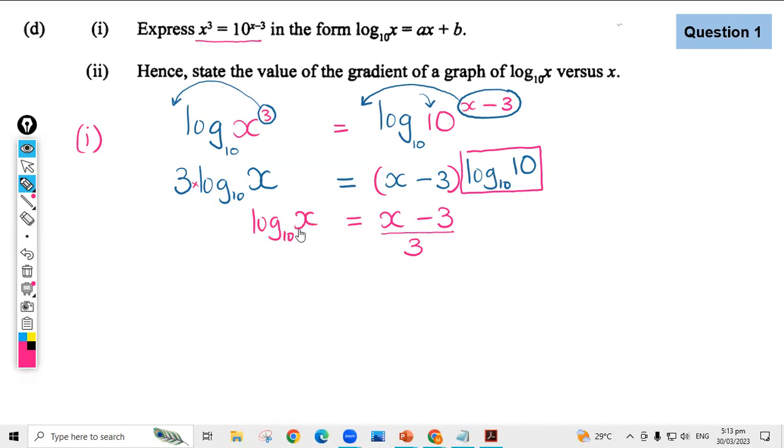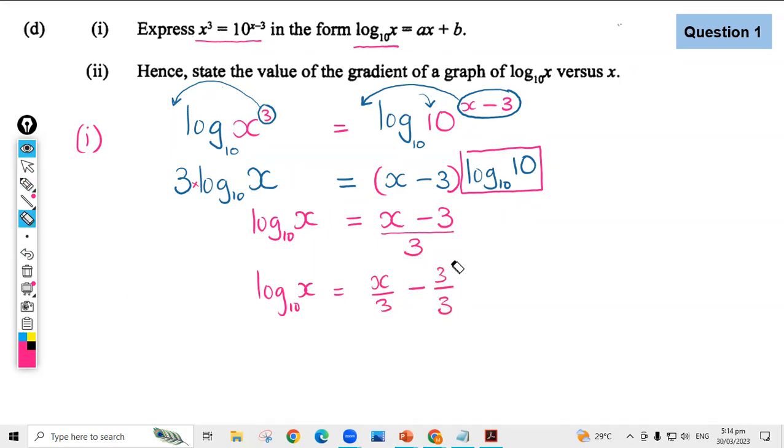Great. Now, we're going to put it in this form. We already got log x on one side. I think we need to separate the top from this denominator. What does a big divide by 3 mean? Doesn't this mean that everybody on top gets divided by 3? So you're going to get x on 3 minus 3 also divided by 3.